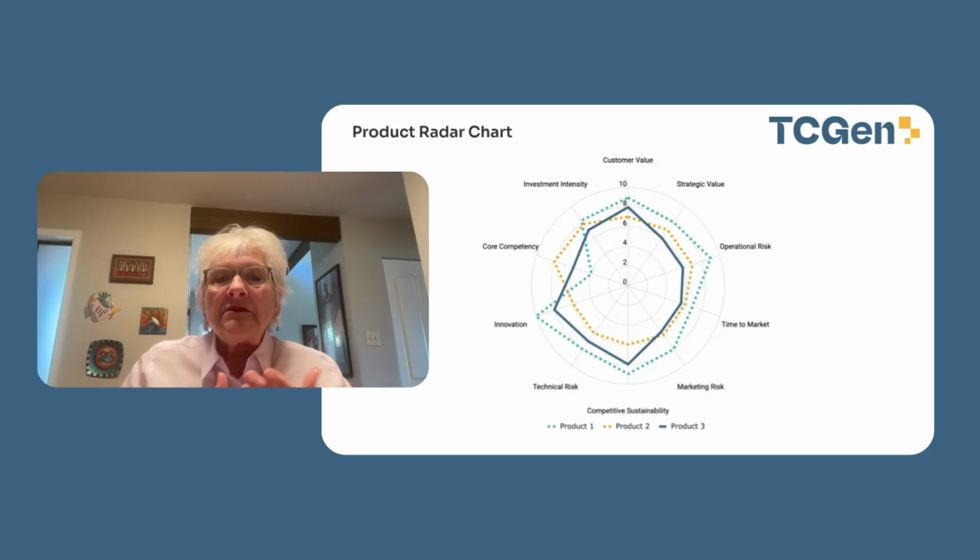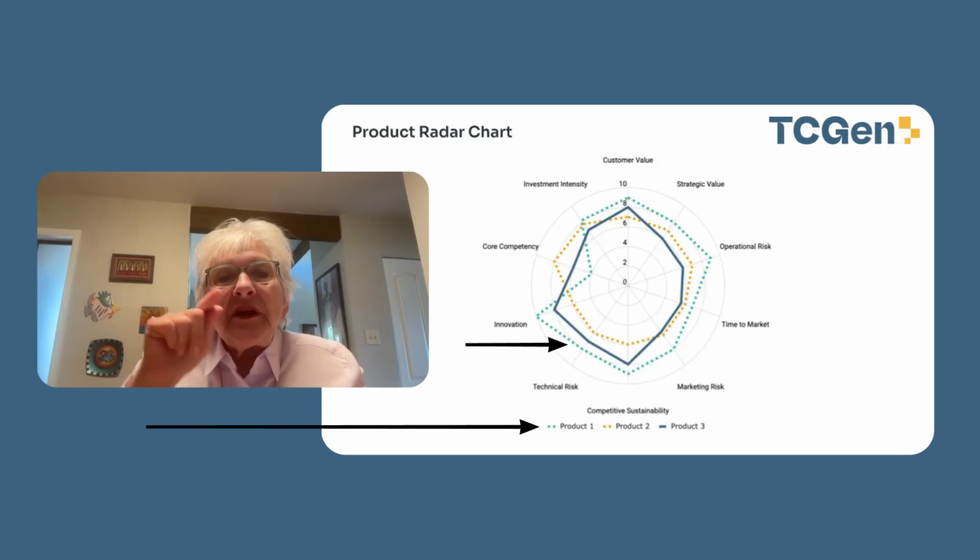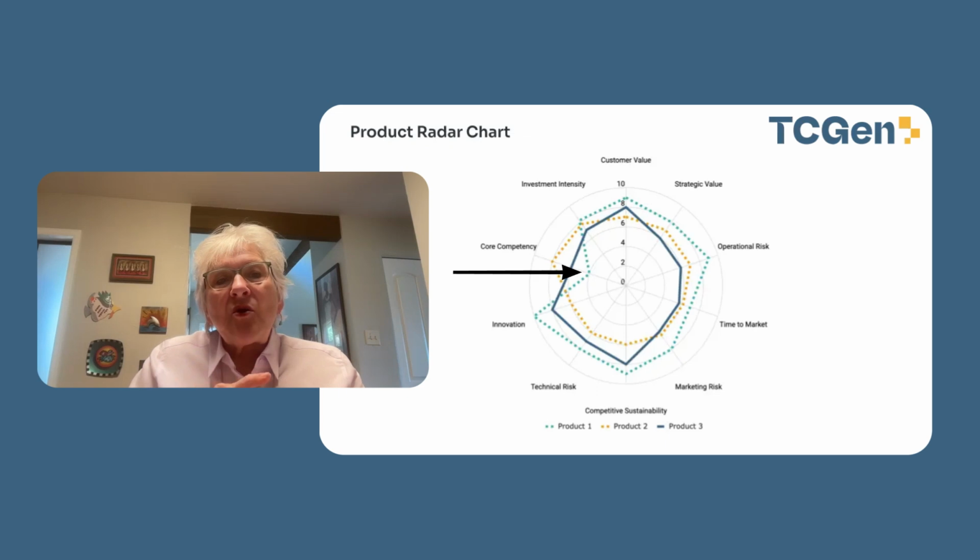In this example, the team evaluates 3 products. And visually, you can see that product 1, the green, it's obvious that in every element except core competency, it rates higher. So that would be the best product to invest in if you could mitigate your core competency.